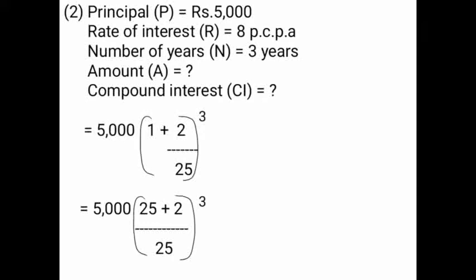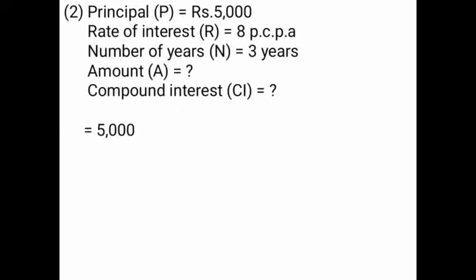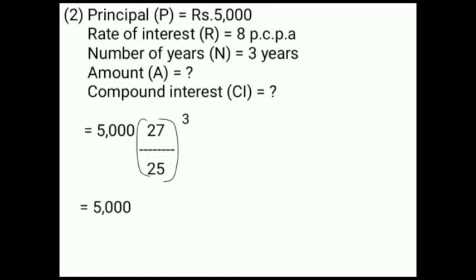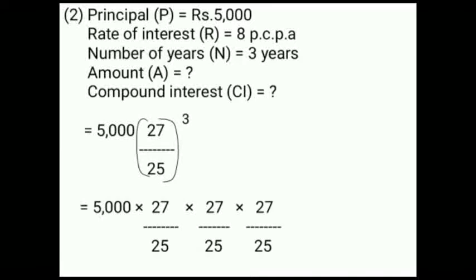Next step, you have to add the numerators in the bracket. That is equal to 5000, 25 plus 2 is 27 upon 25 raised to 3, is equal to 5000 into 27 upon 25 into 27 upon 25 into 27 upon 25, written in multiplication form 3 times because the index is 3.